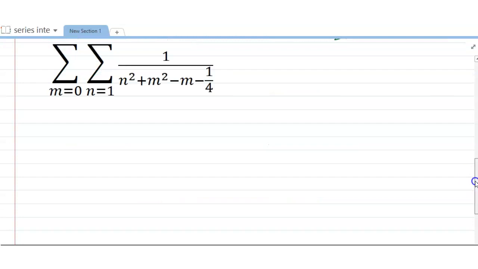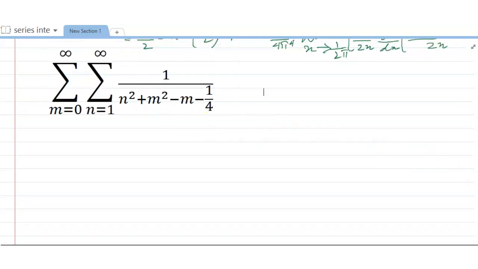So friends, next we start this problem. This problem is a double series problem.